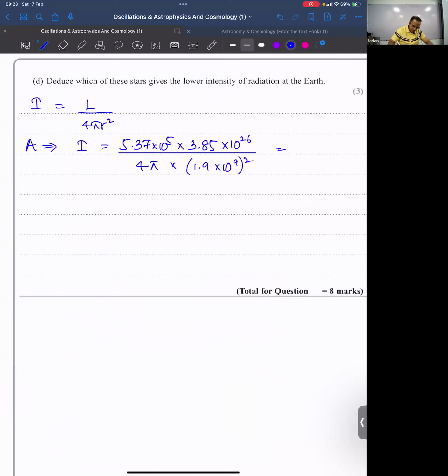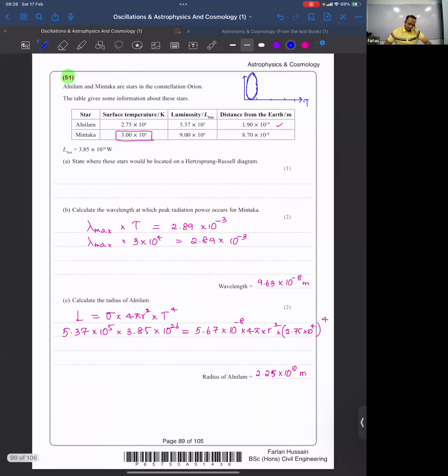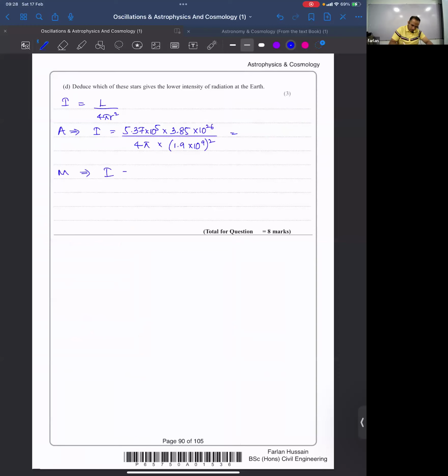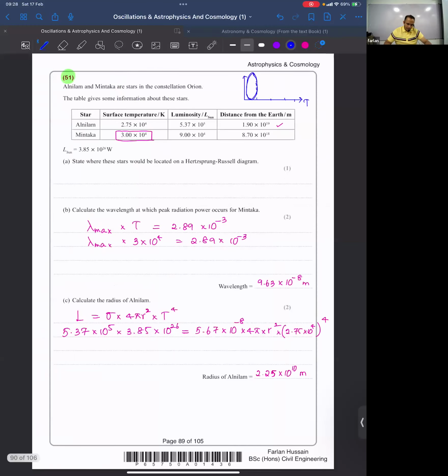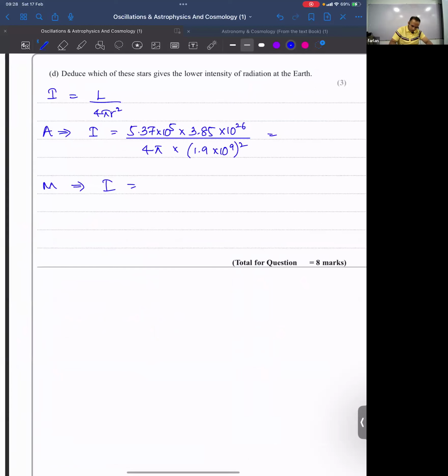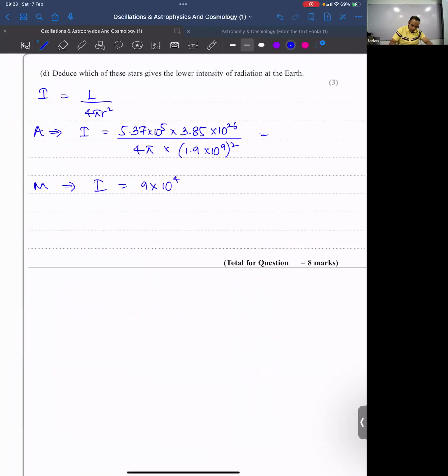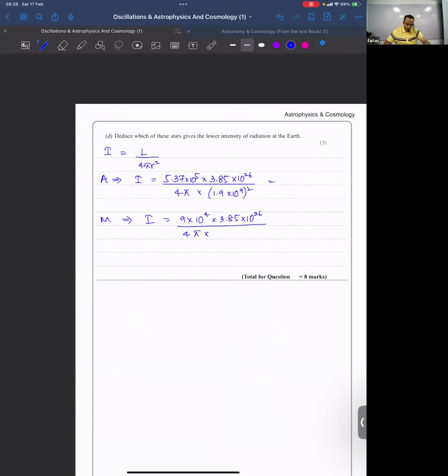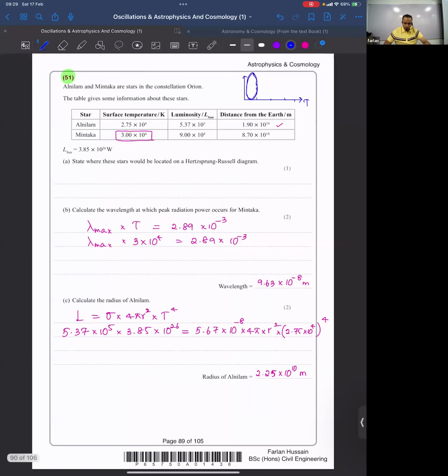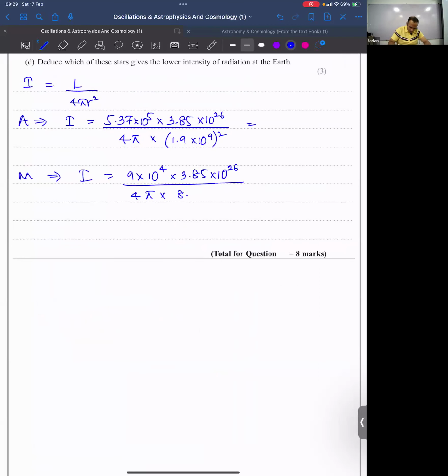That square. And then for the other star, M, intensity equals the luminosity given 9 into 10 to the power 4 times 3.85 into 10 to the power 26 divided by 4 pi into r square, which is 8.7 into 10 to the power 18, square.